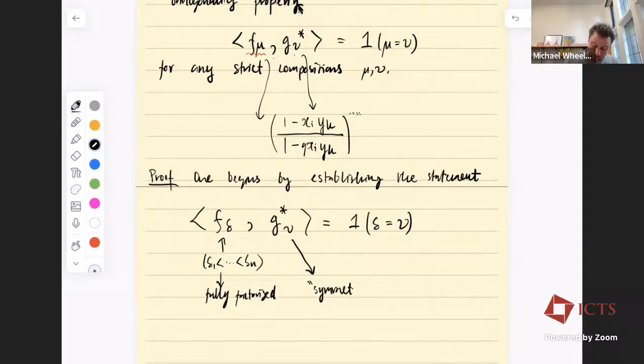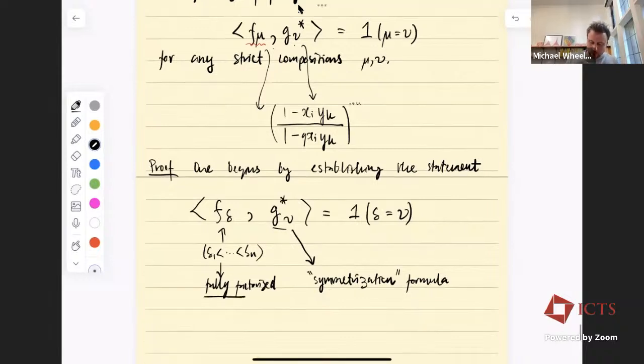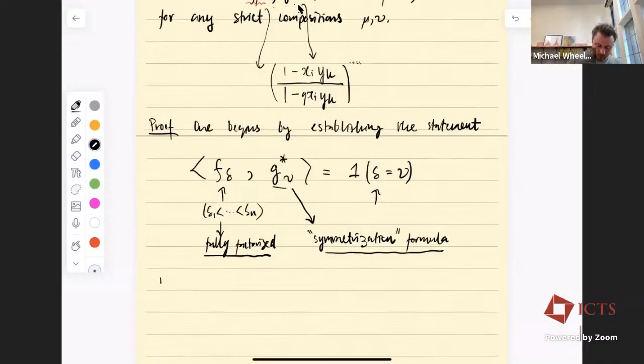Of course, it's not a symmetric function, so it's not really a symmetrization identity, but nevertheless, you can get some formula involving sums over a symmetric group, which allows you to deal with this explicitly. So one begins with this very brute force integral where this is fully factorized and known, and this is given as a sum of factorized objects. One then takes that integral and shows by hand that this is true. So this is a kind of brute force verification.